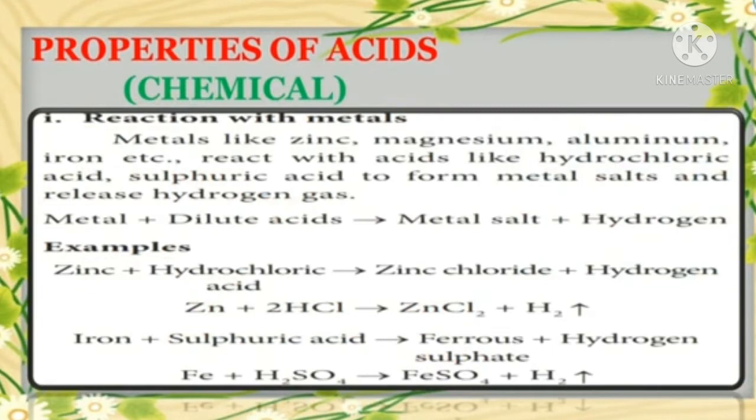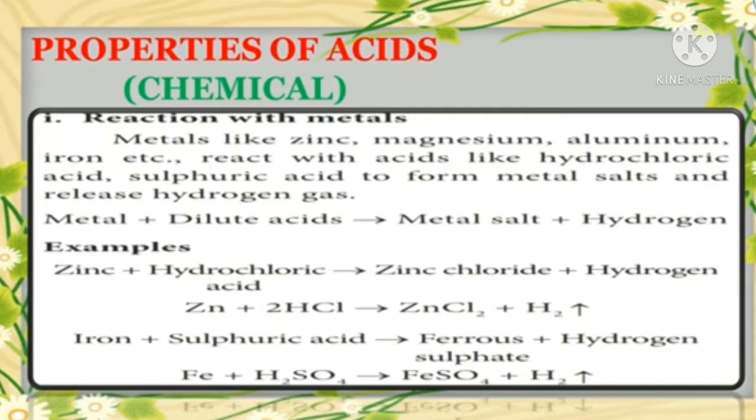Next, the chemical properties of acids. First, reaction with metals. Metals like zinc, magnesium, aluminium, iron, etc. react with acids like hydrochloric acid and sulfuric acid to form metal salts, and they release hydrogen gas. Metal plus dilute acid gives metal salt plus hydrogen.